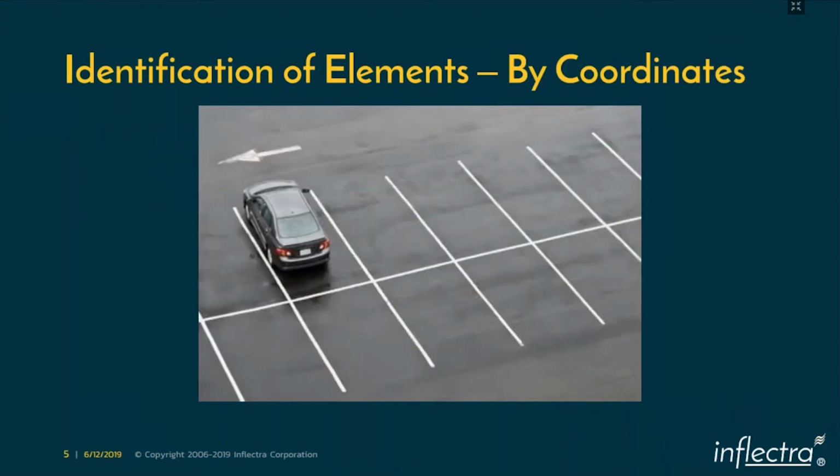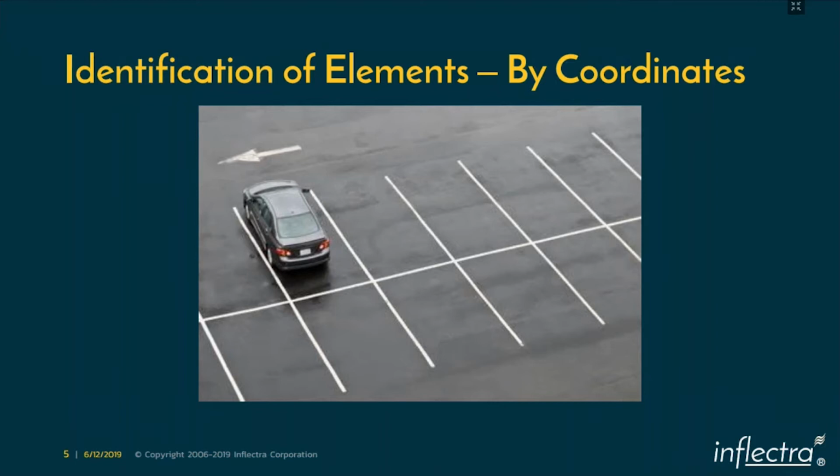There are different ways of locating a UI element within the application you are testing. We may assume that an element is always positioned at the same place on the screen, so all we need to remember in this case is mouse coordinates.